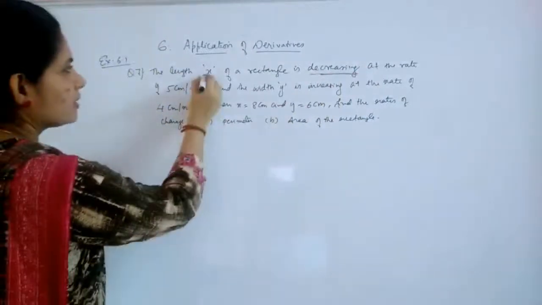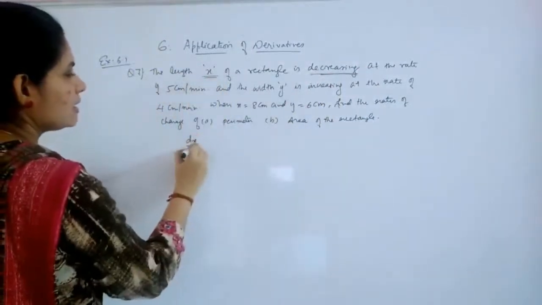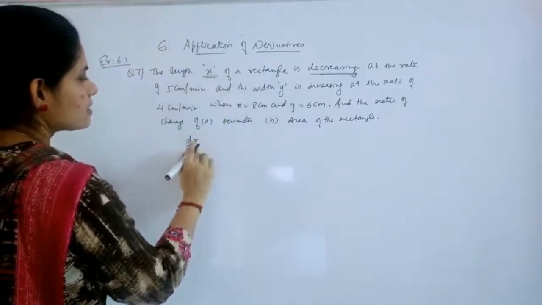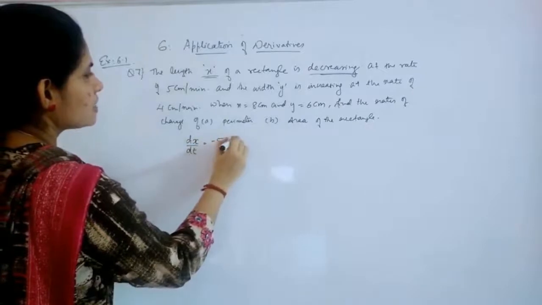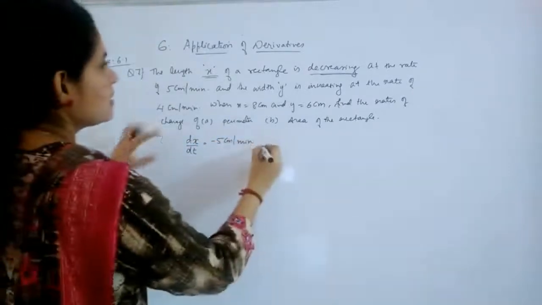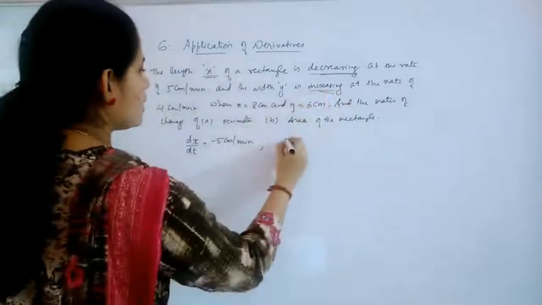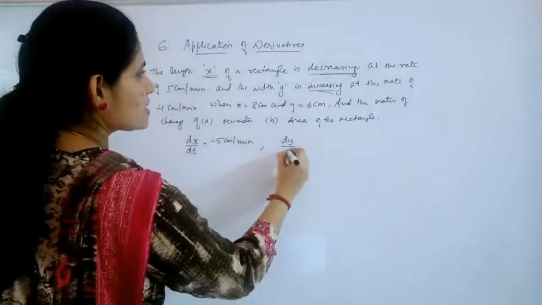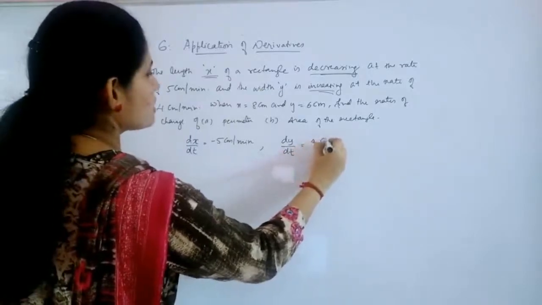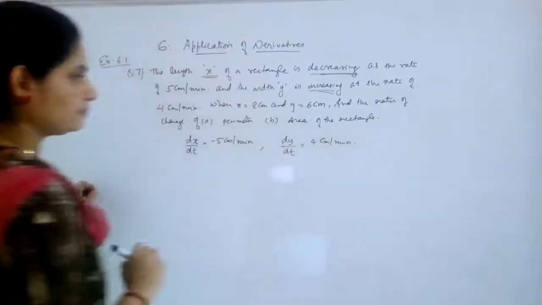That means if length is given to be x, dx by dt is given to be negative 5 centimeter per minute. And width is increasing means you have to take it to be positive, and width is taken as y, so it is dy by dt is equal to 4 centimeter per minute.